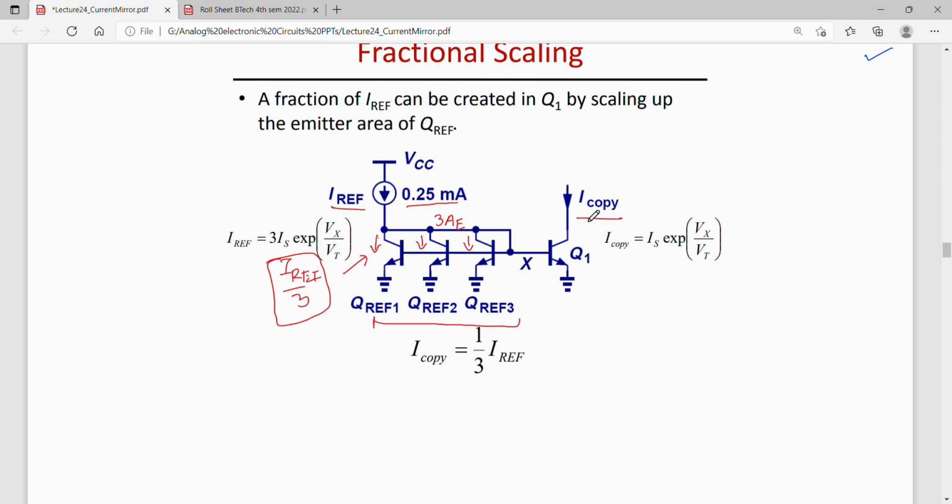So the current drawn by this transistor Q1, I copy, will be equal to 1 by 3 I ref, or I ref by 3. If you place a fourth transistor over here in the reference transistors, then I copy will be I ref by 4, or the copied current has been scaled down. So we have scaled down the copied current.